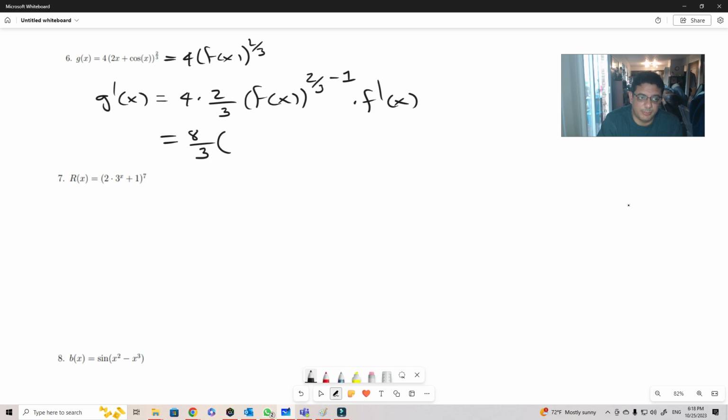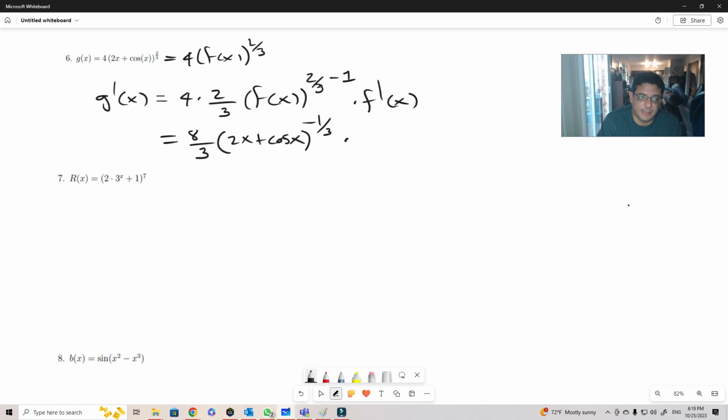And now I can replace what f of x is, which is 2x plus cosine of x. Notice that 2/3 minus 1 is going to be minus 1/3. Okay? Since 1 can be seen as 3/3, and 2/3 minus 3/3 will be minus 1/3.